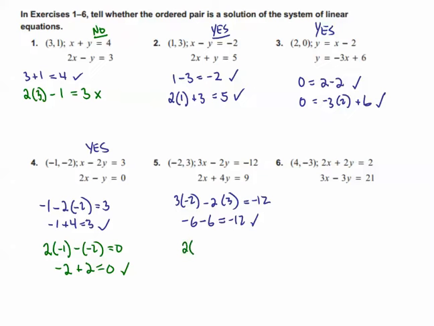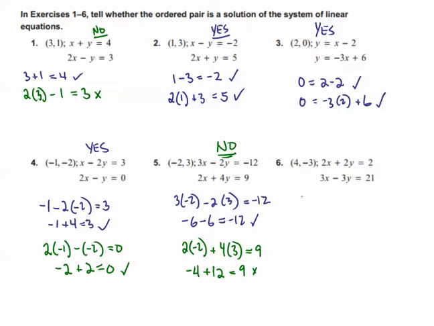Next, 2 times negative 2, which is negative 4, plus 4 times 3, which is 12, and does that equal 9? So let's see, we have negative 4 plus 12, and that is 8 and not 9, so we would have to say no for number 5.